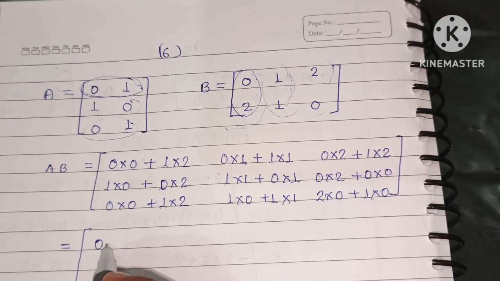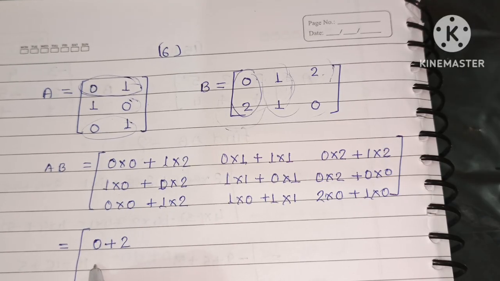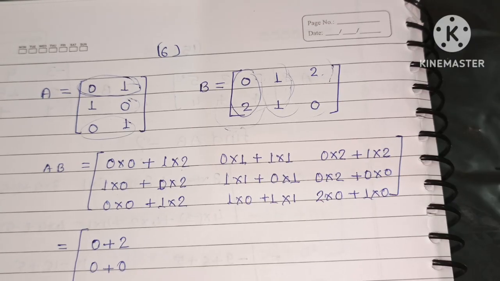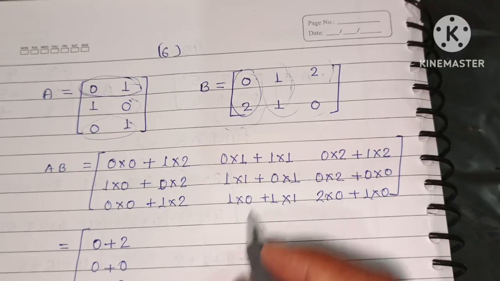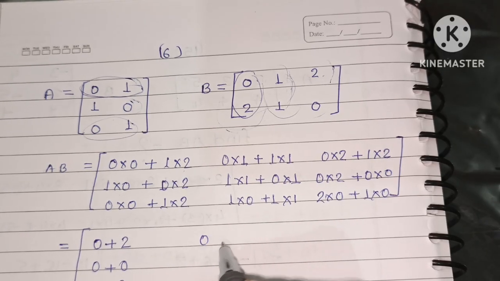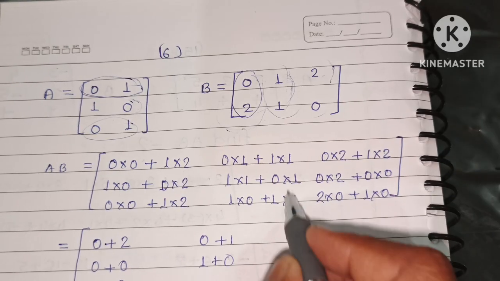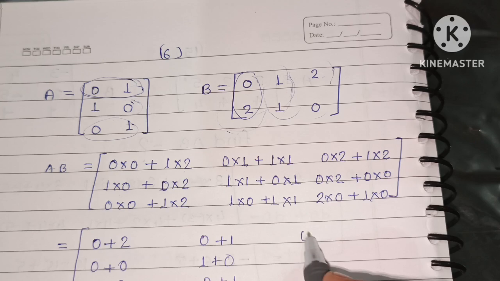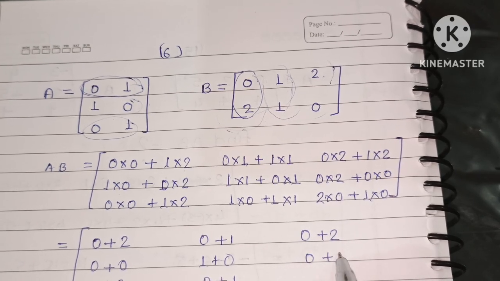0 into 0 is 0, 1 into 2 is 2, 0 into 0, 0 into 1 is 0, and that is also 0. Okay, 0 into 0 is 0, 1 into 2, 0 into 1 is 0, 1 into 1 is 1, 1 into 0 is 0, also 0 plus 1, 0 plus 2, 0 plus 0, 0 plus 0.